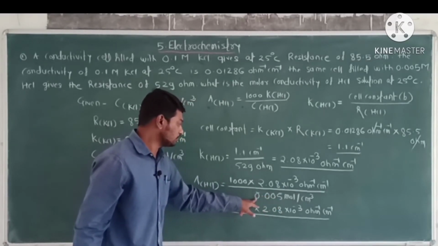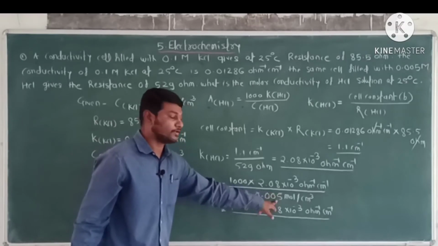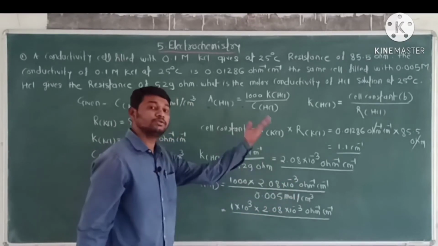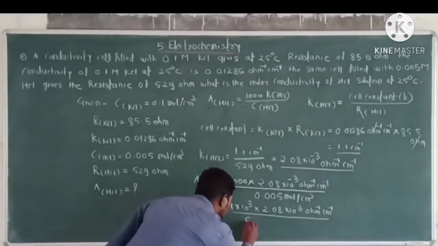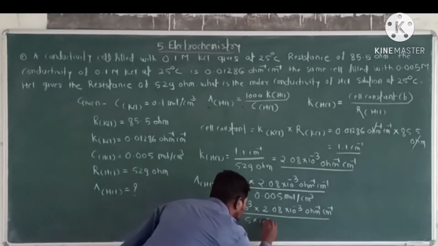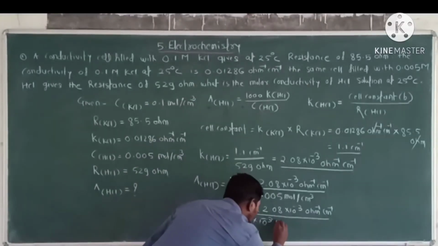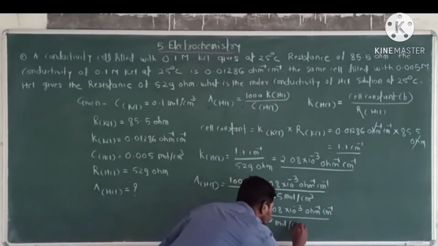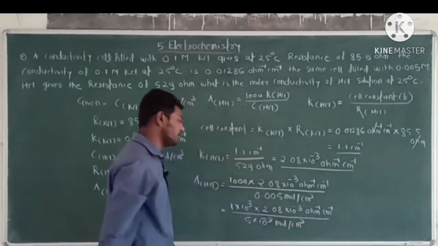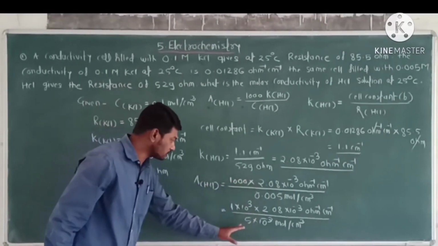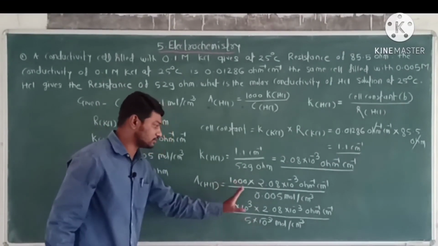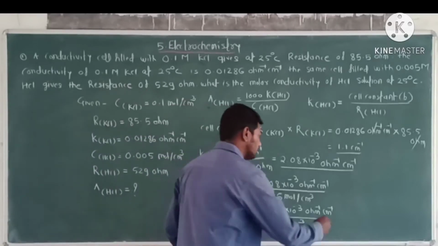Convert this 0.005 mole per centimeter cube, that is 5 into 10 raised to minus 3 mole per centimeter cube. Okay, solve this equation.